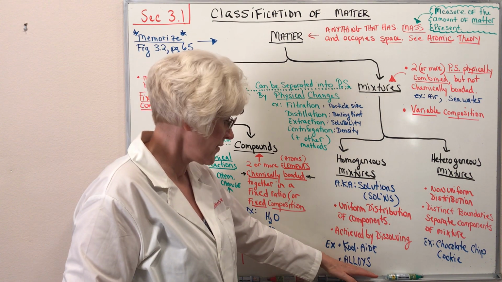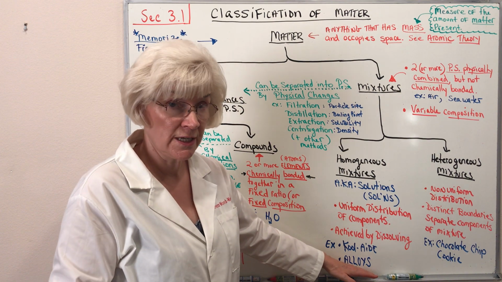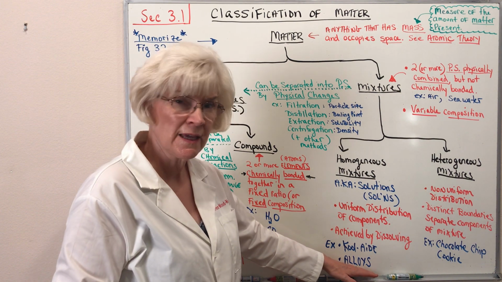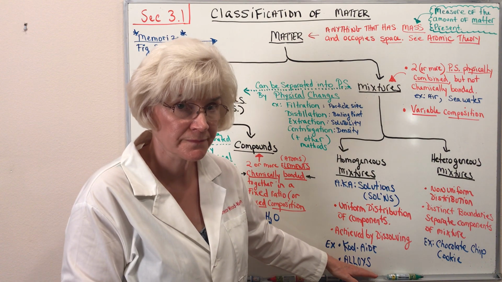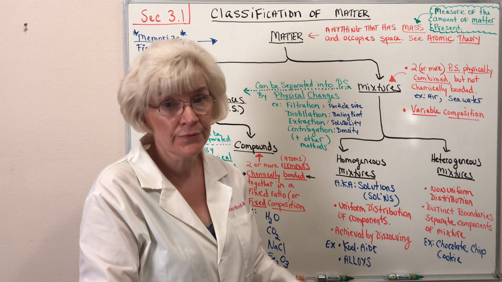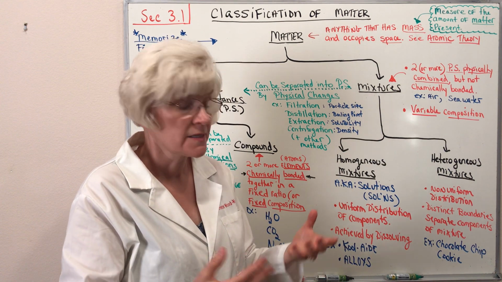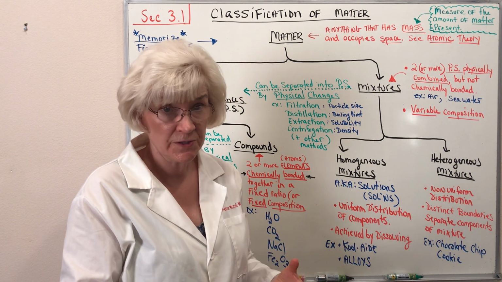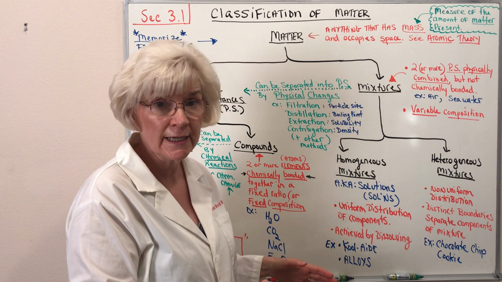Here's one other example of a homogeneous mixture that I want to mention. It's called an alloy. And this is a term that many times students have not encountered prior to some sort of introductory chemistry class where we formally look at it.